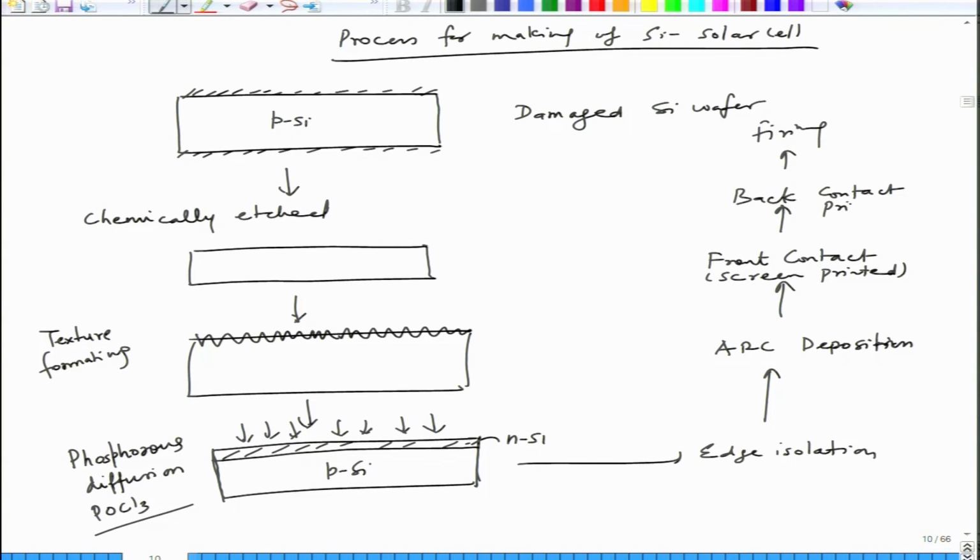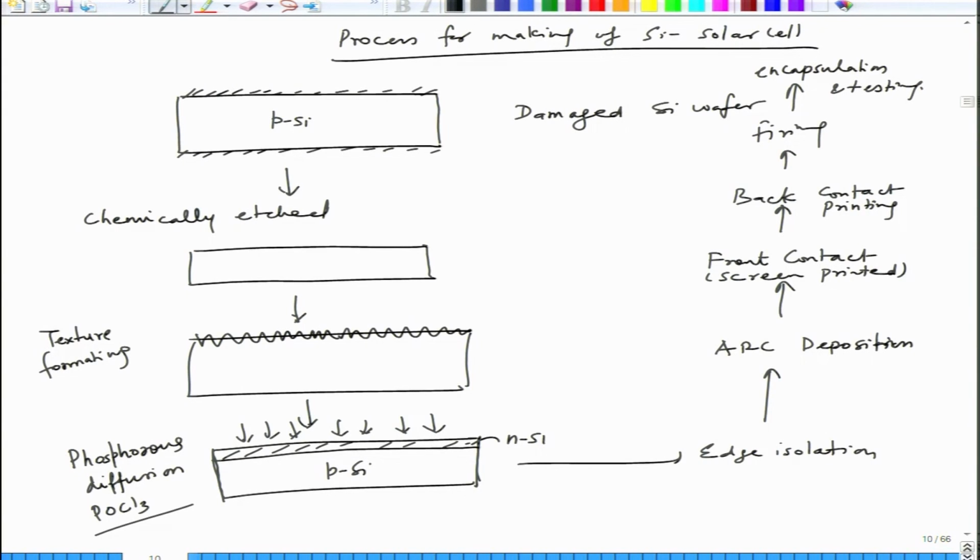So, back contact printing you can say here, firing to just make sure that the contact stabilizes and it solidifies, and after that you do testing, encapsulation and testing. Okay. So, this is the complete flow chart of the way silicon is made.